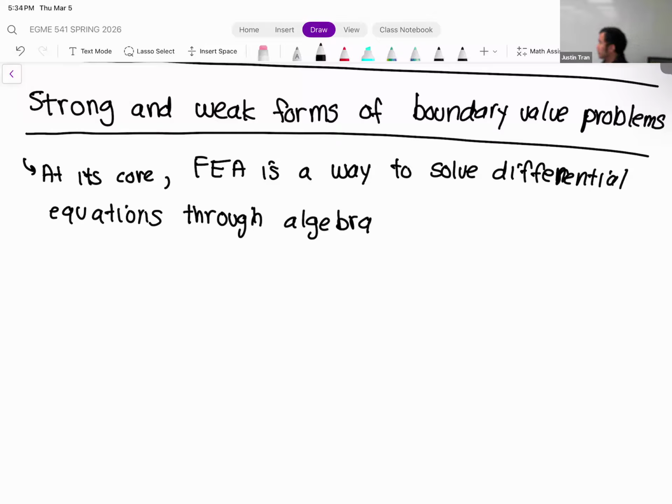That means for every finite element problem that you do, and this includes our direct stiffness methods as well, there is an underlying boundary value problem.